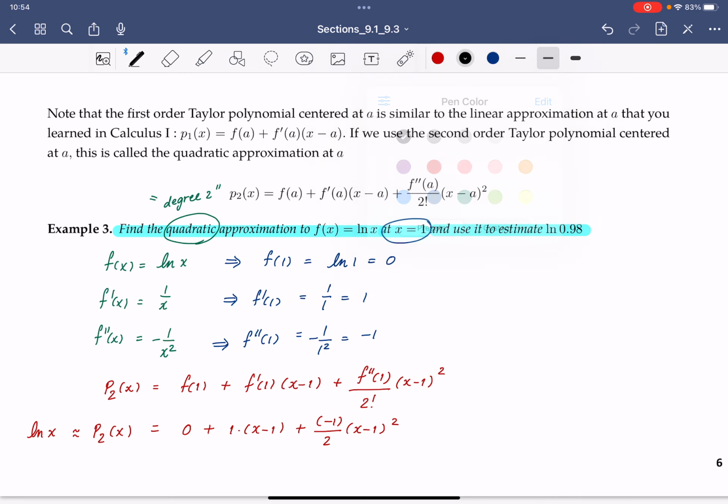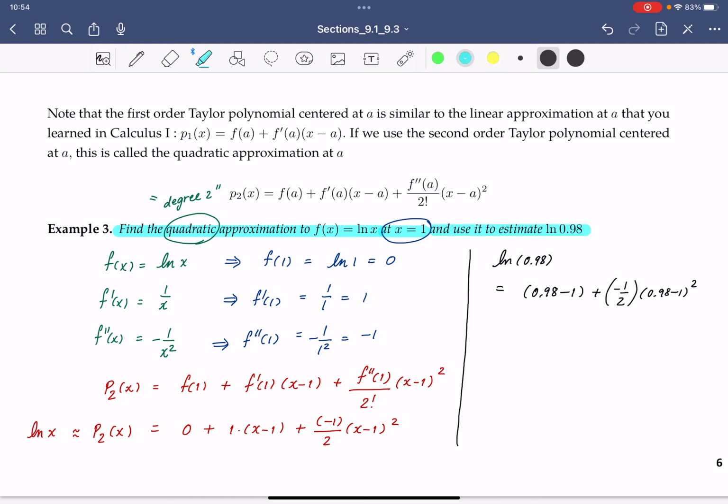So now when you approximate log 0.98, it's gonna be 0.98 minus 1 plus negative 1/2 times (0.98 minus 1) squared. Pretty simple because you can follow the formula here. x minus 1 is gonna be this, and this one is gonna be this one, right?